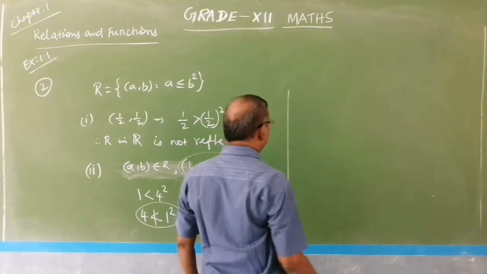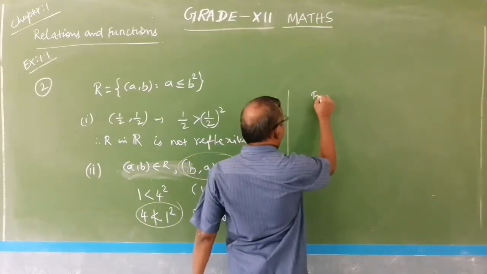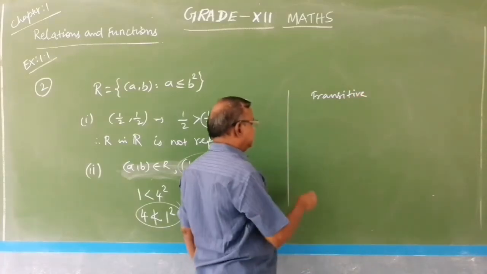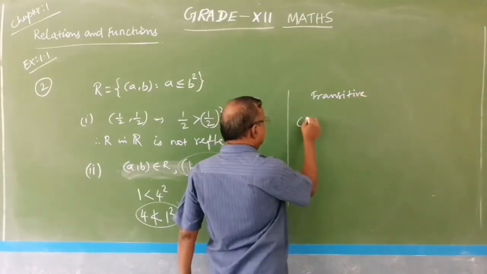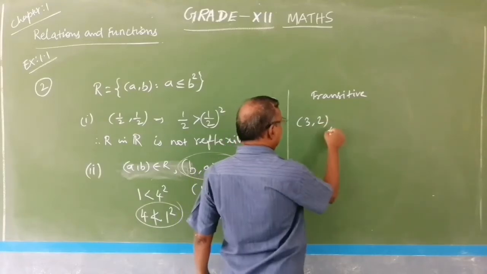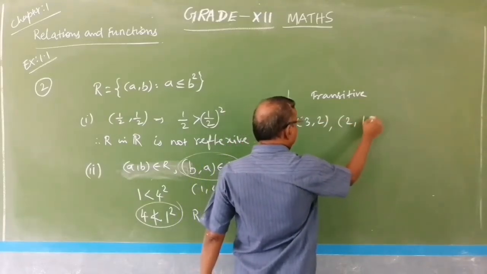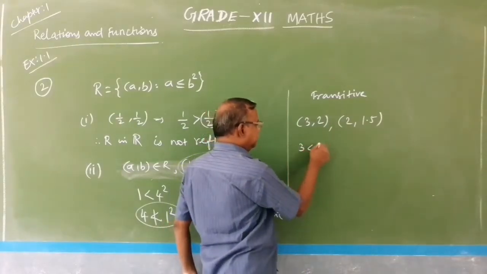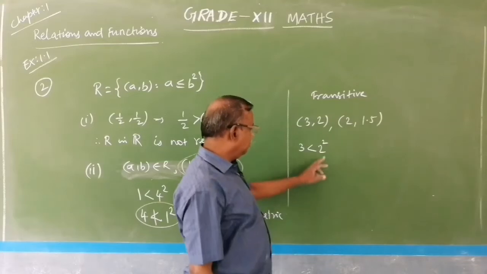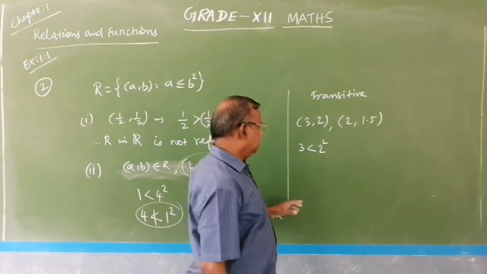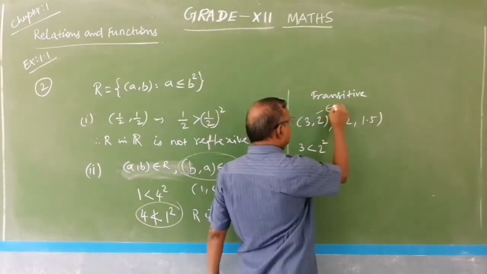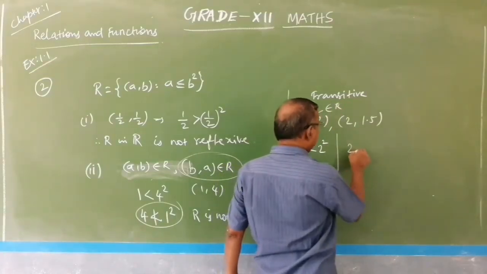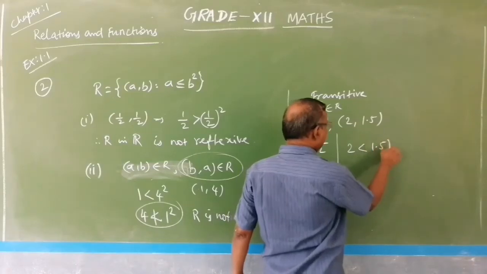And the third one, next one, is transitive. I will give you an example for this. Consider (3, 2) and (2, 1.5). Clearly 3 is less than 2 squared, because 2 squared is 4, so (3, 2) belongs to the relation R. And in the second case, 2 is less than (1.5) squared.